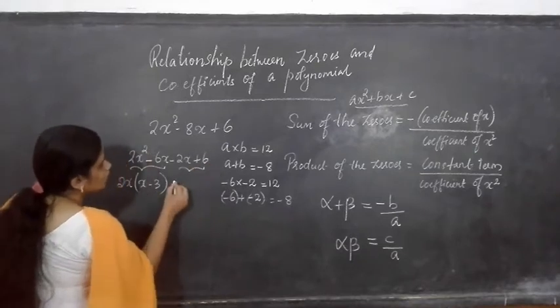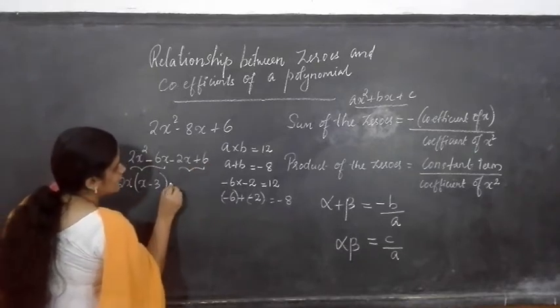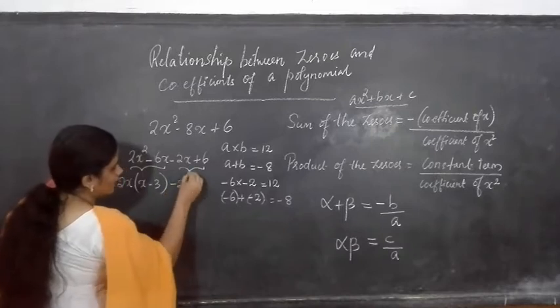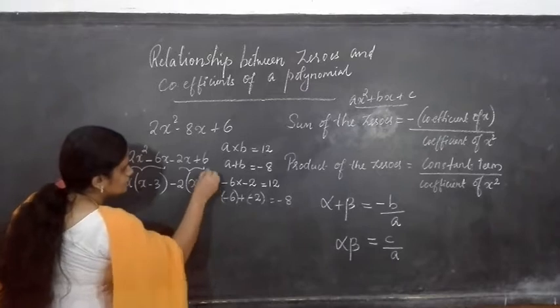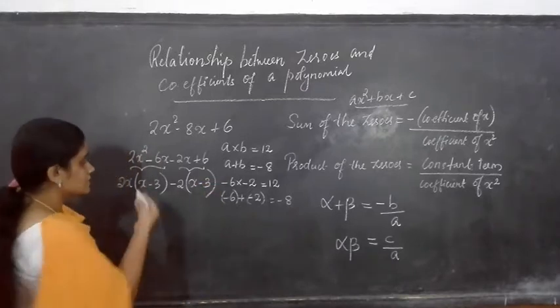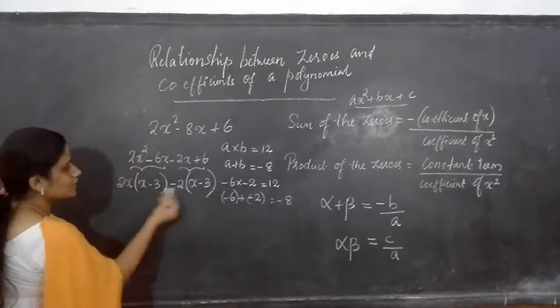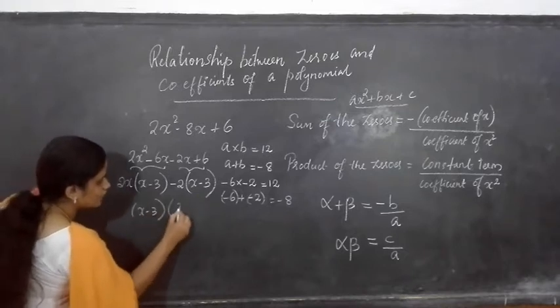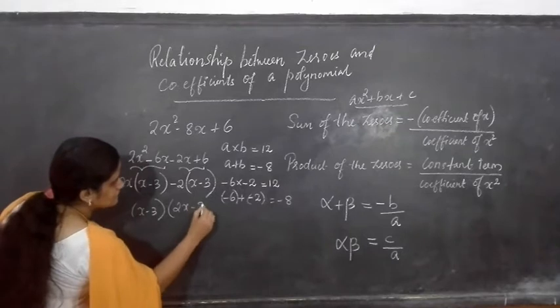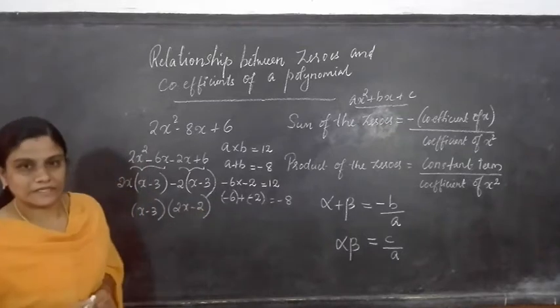Negative 2 is common. So x minus 3. So we got this. Now again from here, x minus 3 into 2x minus 2.